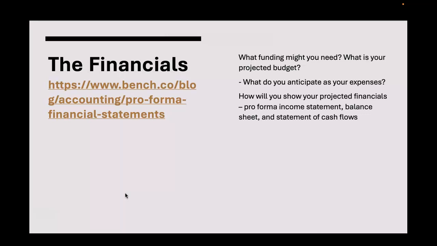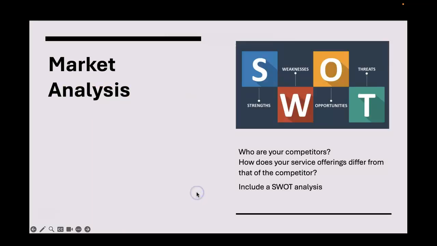The idea is to make sure that you include those items in the income statement, in the balance sheet, in the statement of cash flows. And don't worry, don't stress too much on this because these are all projected numbers. These are things that you are projecting that you may need. So there's no right or wrong answer there. It's just that you need to make sure that you are entering the right information on each of those statements.